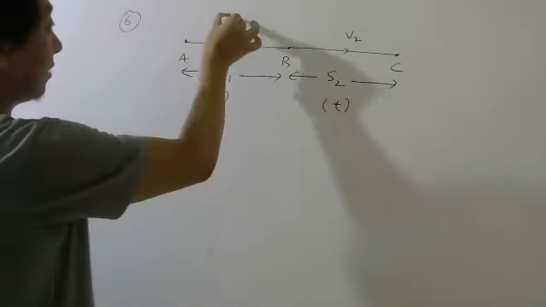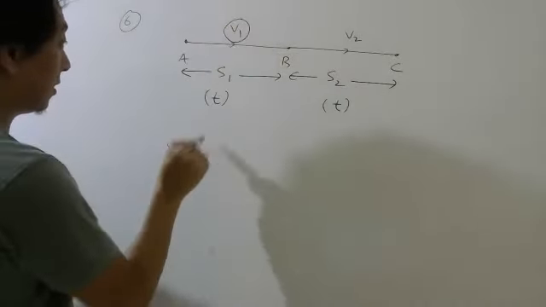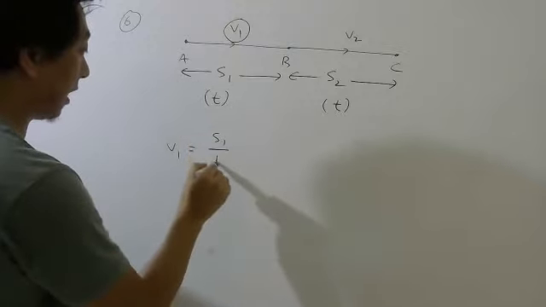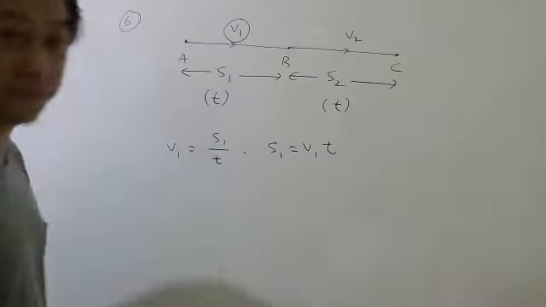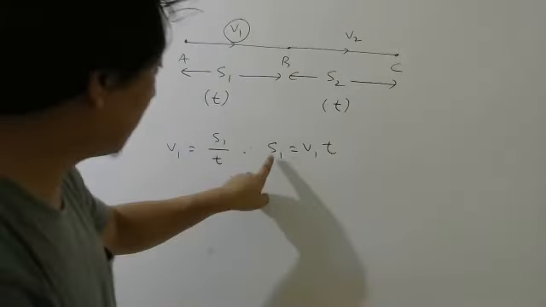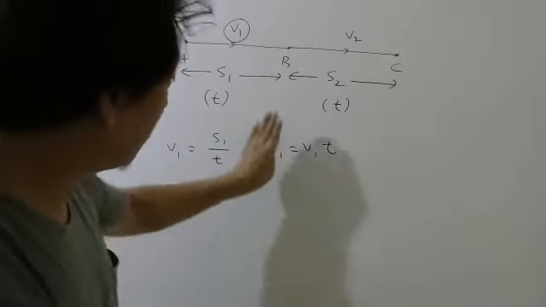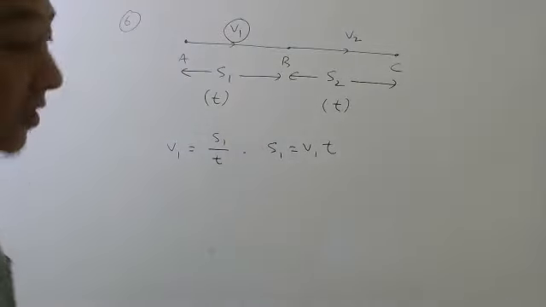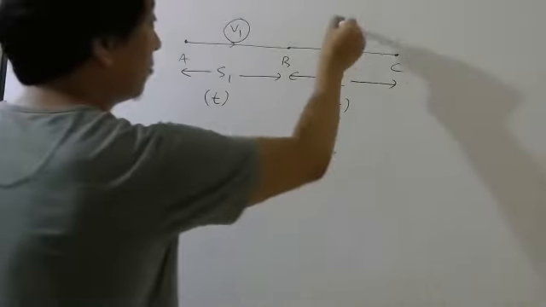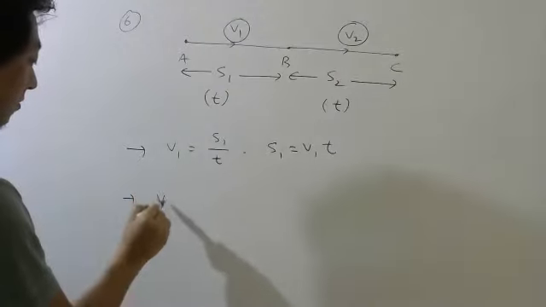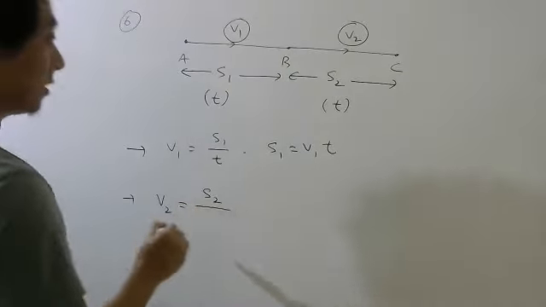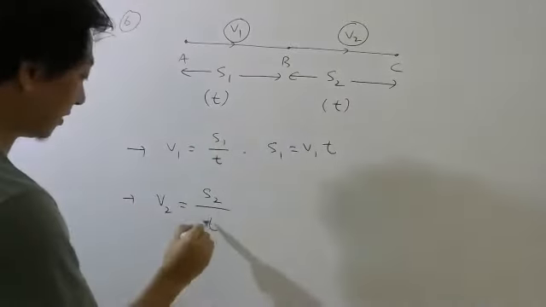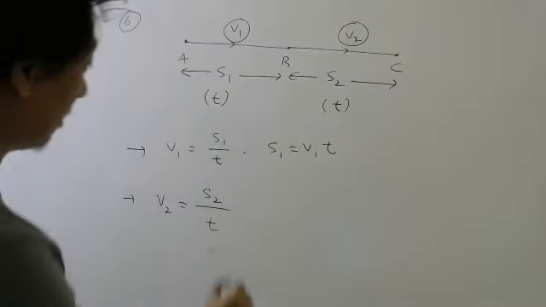So start writing the definition of this one. Displacement by time. So what will be displacement? V1 into time, right? Because this time displacements are not same, so we will try to find displacement first. Similarly, start with the definition of this V2. From here to here, displacement is S2. Time taken from here to here is T. Time taken are equal, remember.